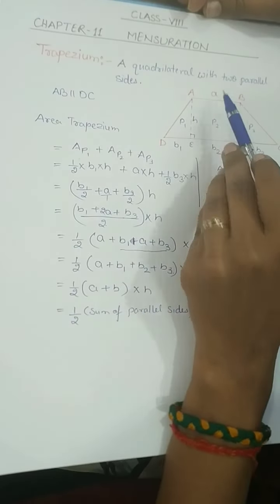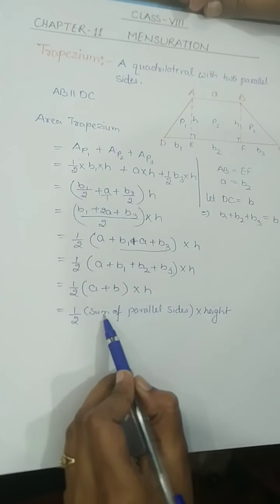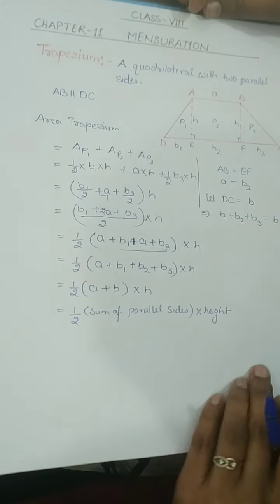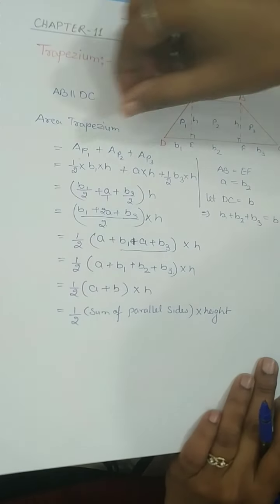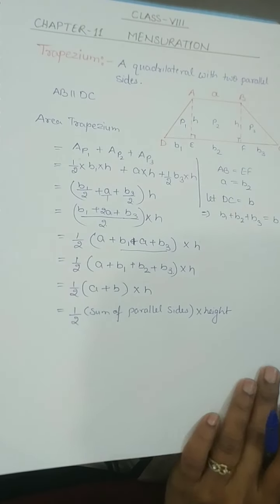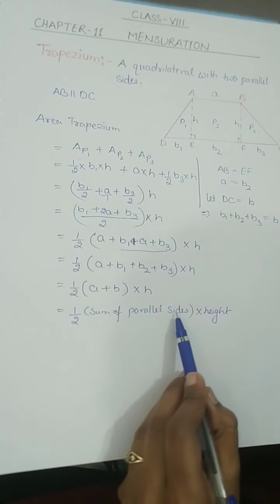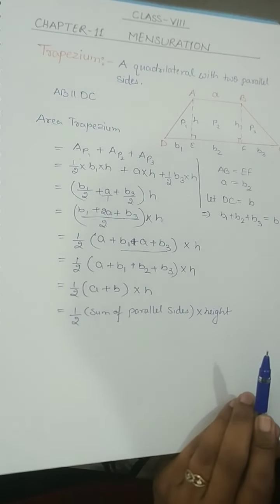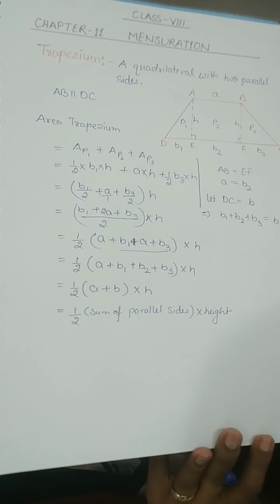AB is A and DC is B. So A plus B means, in words, the sum of parallel sides, and H is the perpendicular height. So the area of a trapezium is half of the sum of parallel sides into the height between the two parallel sides.